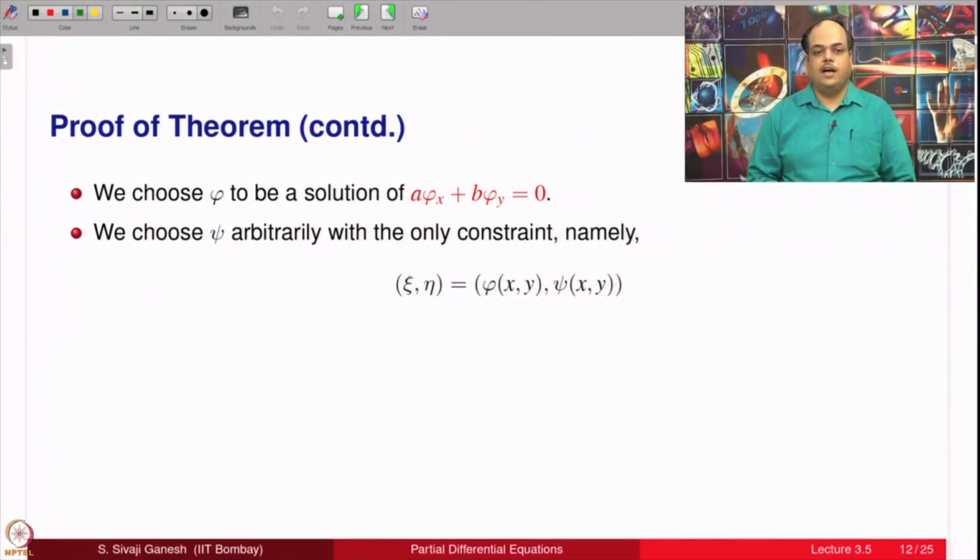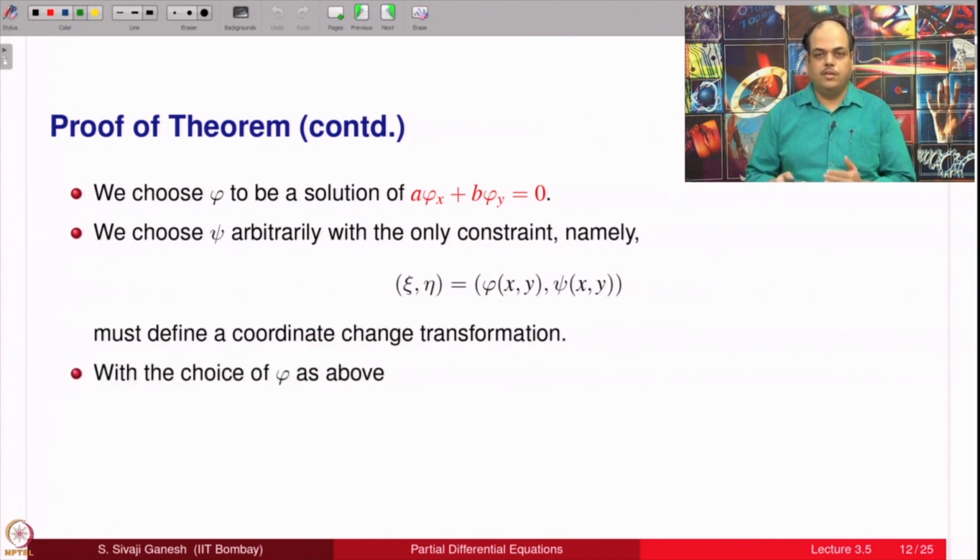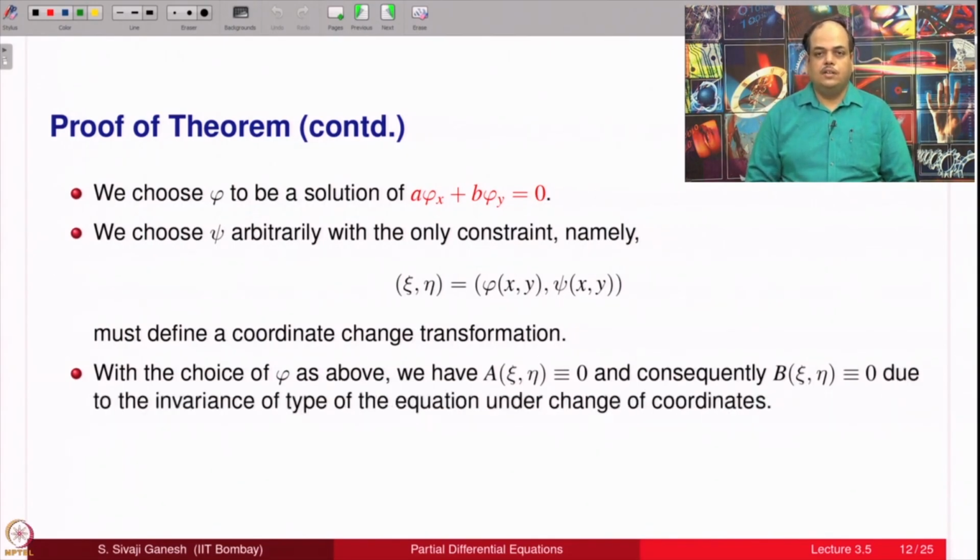So, we choose psi arbitrarily with only one constraint, namely this should give rise to a change of coordinates, which means a non-zero Jacobian. With the choice of phi as above, we have A equal to 0, and consequently B is 0, because the equation type is invariant under change of coordinates.